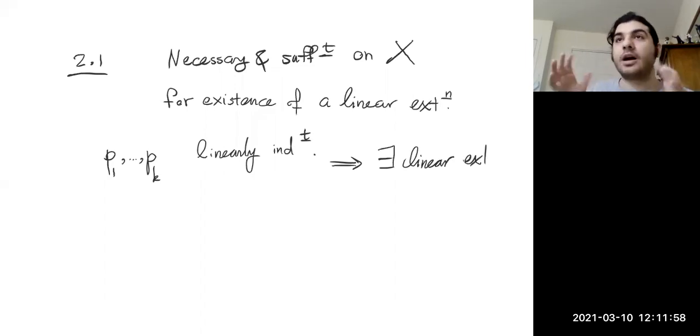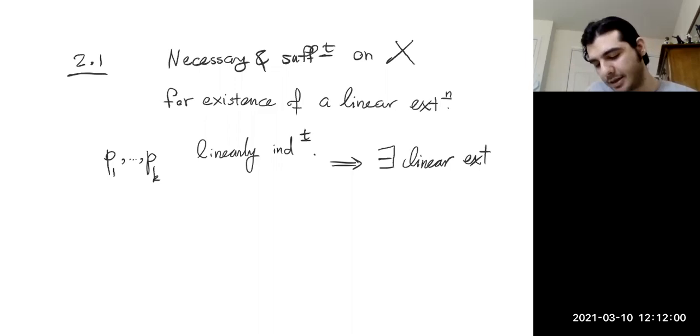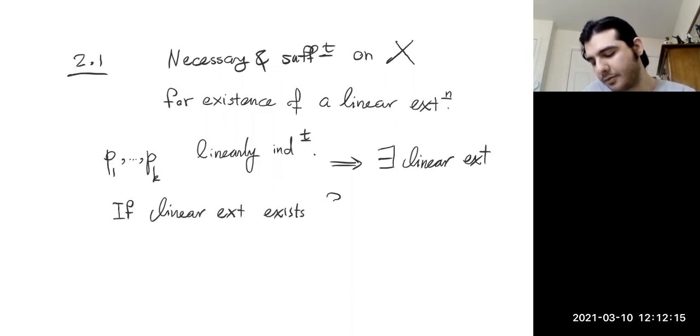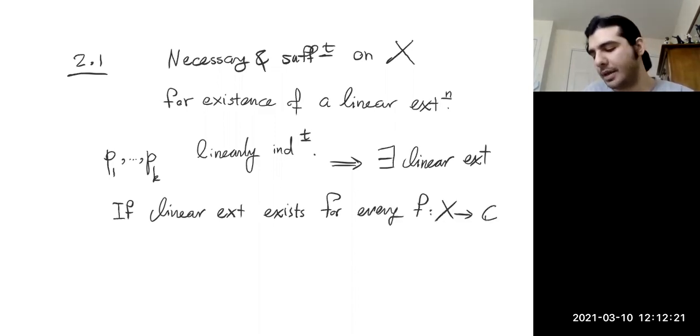And conversely, the other direction: if a linear extension exists for every F defined on X to Cm, then I should show these vectors are linearly independent.